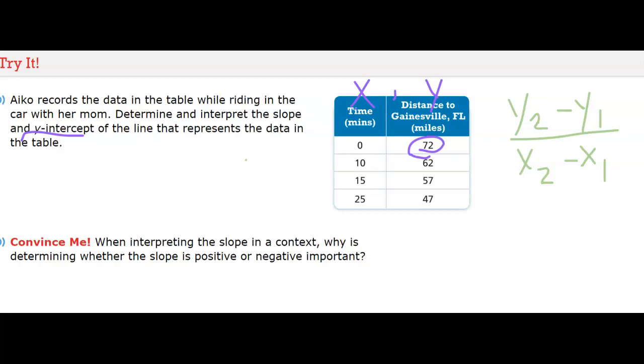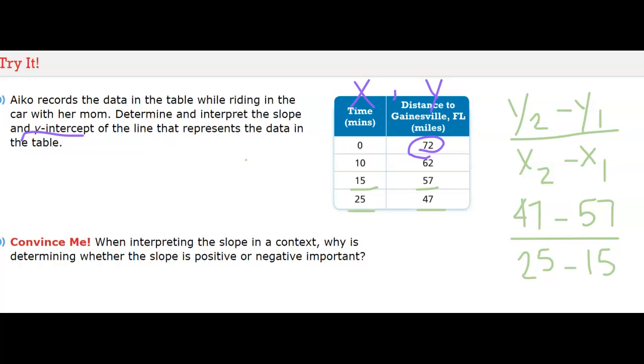So my y1 is going to be 57. My y2 will be 47. So my 47 minus 57. Then I have my x1 and x2. So x2 is first, so that's 25 minus 15.